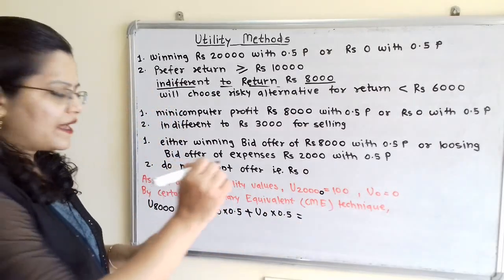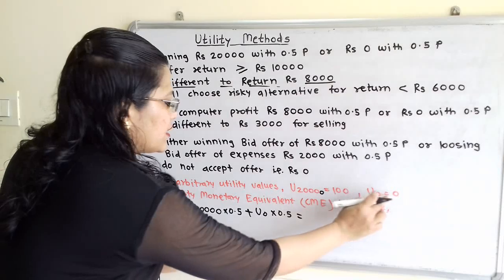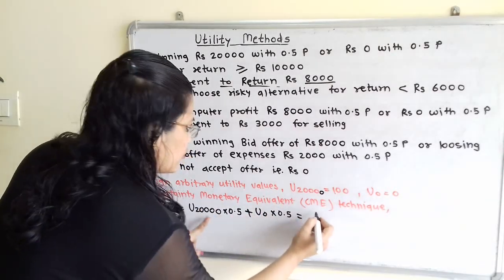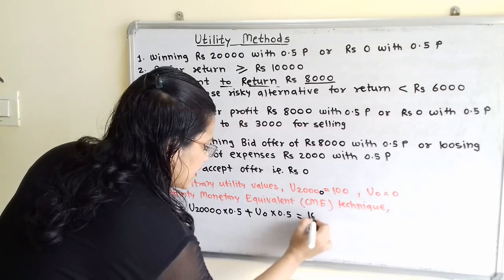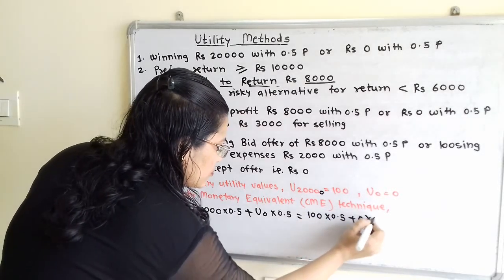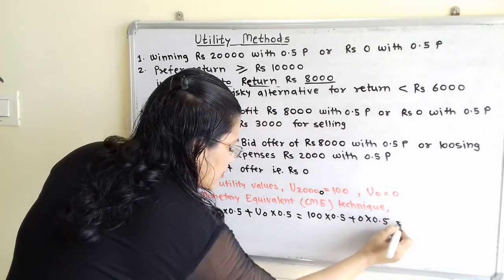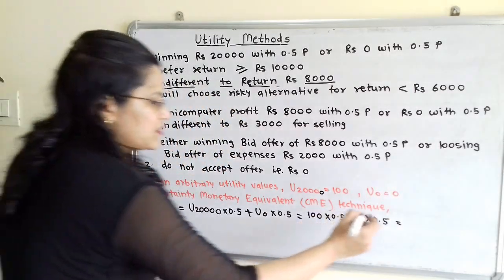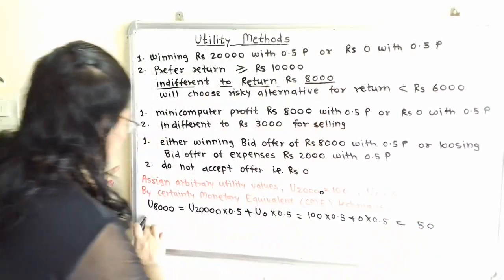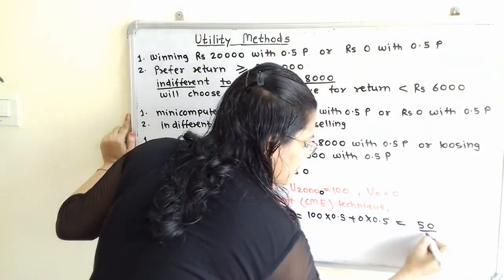Now we apply the given utility values. U(8,000) is equal to 100 into 0.5 plus 0 into 0.5. So 100 into 0.5 is 50. So we can say that U(8,000) is equal to 50.